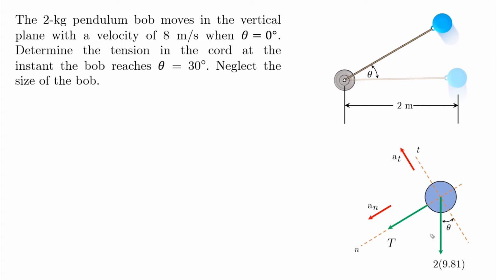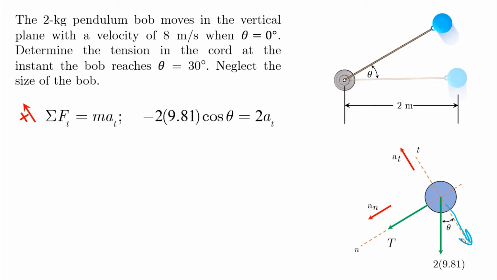So by taking the summation of forces in the tangential coordinate, with positive up, we have this component of the weight, which is 2 times 9.81 cosine theta, and this is negative, equals m a_t. This gives us the tangential acceleration as a function of theta.